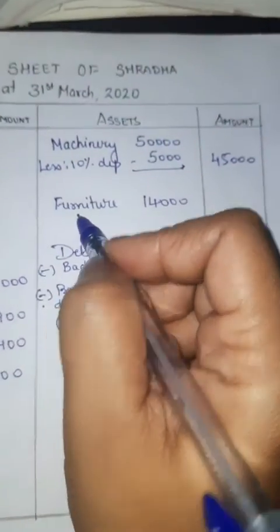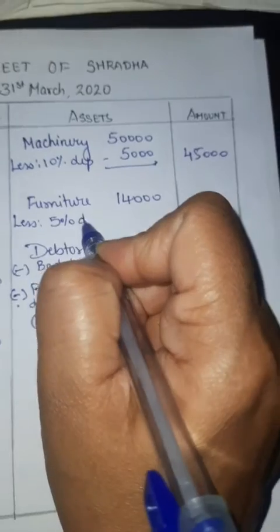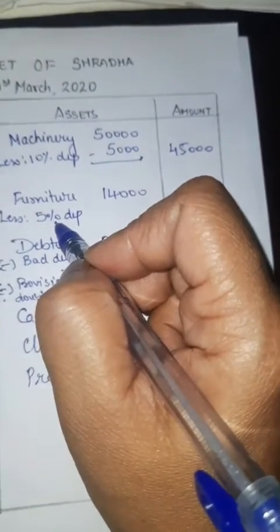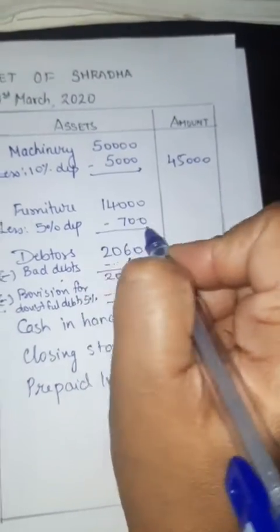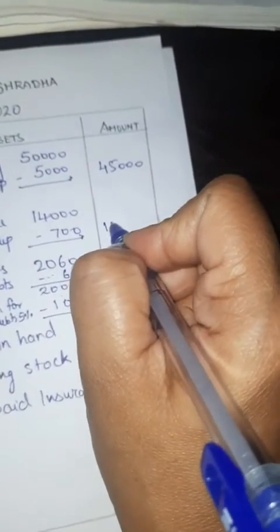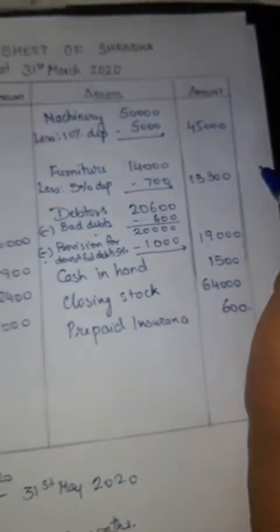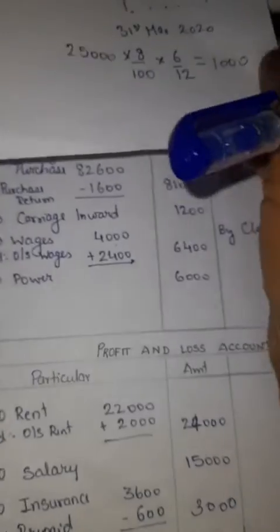Now what about furniture? Here also you have to charge depreciation, but the rate given is 5%. So 14,000 into 5 divided by 100 will give you 700. That also reduces the furniture value and it will come to 13,300.